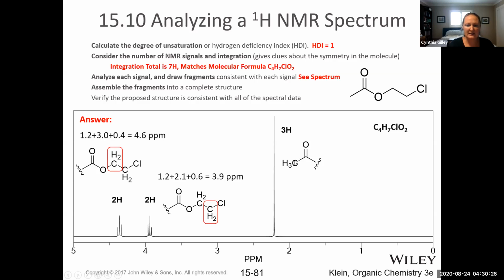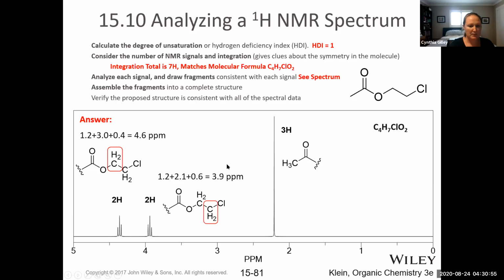That's very consistent with it being next to a carbonyl, at around 2. So I think I'm going to go ahead and draw a carbonyl potentially next to this methyl. That would make no neighbors because there's no hydrogens attached here. It would make the chemical shift make sense. And so I'm really liking that as a fragment. Plus I had it in the back of my mind that we probably had a carbonyl. So something to think about.